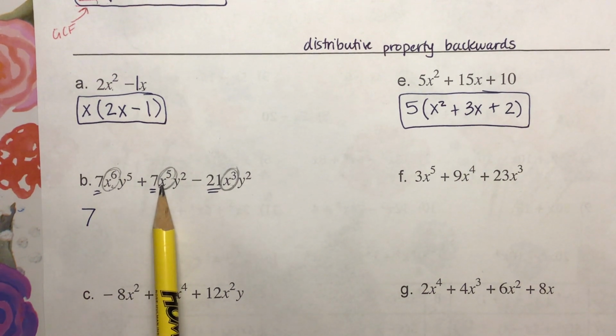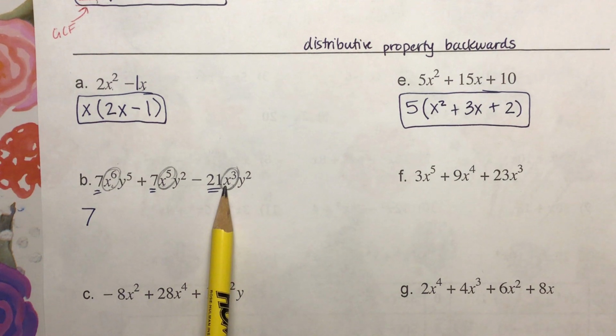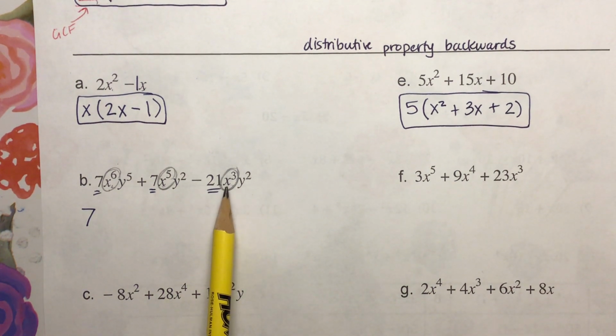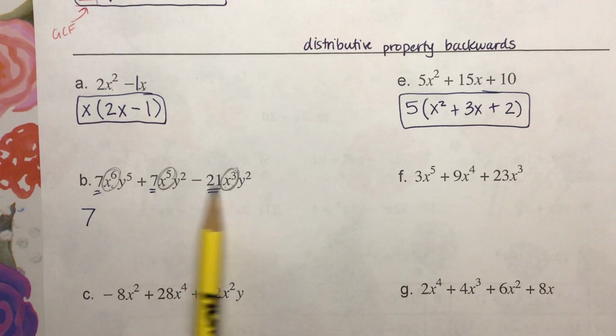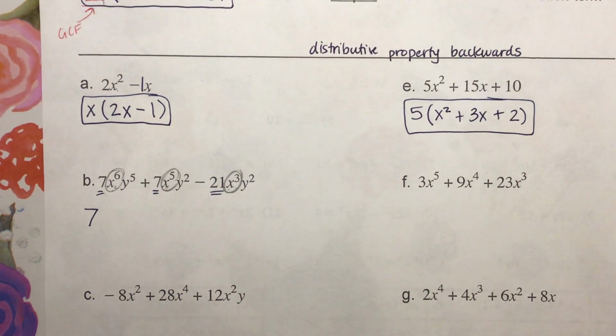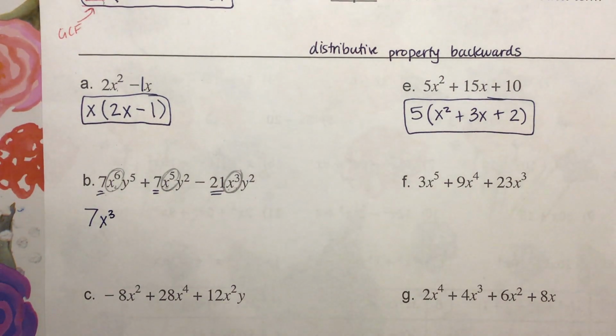X to the 5th means x times itself 5 times, and x to the 3rd means x times itself 3 times. So how many x's do they have the same among themselves? X to the 3rd. So I'm going to pull an x to the 3rd out.